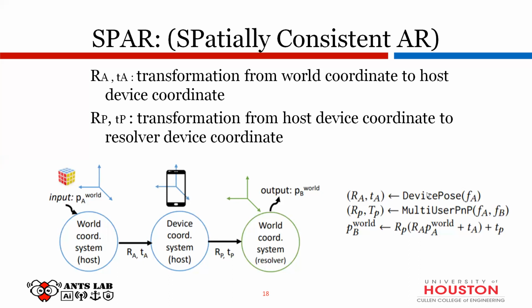The R is for rotation, and the TA is just for the translation of the process. So when you do the rotation, yeah, R is the rotation matrix.